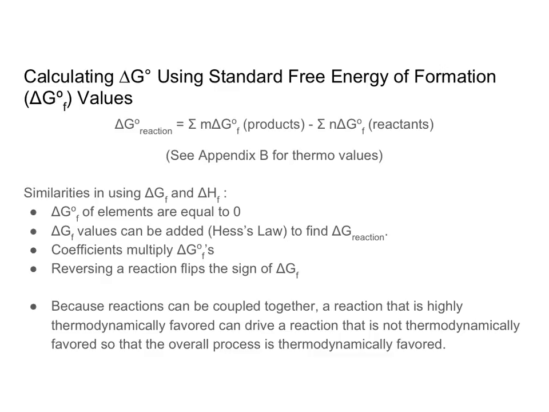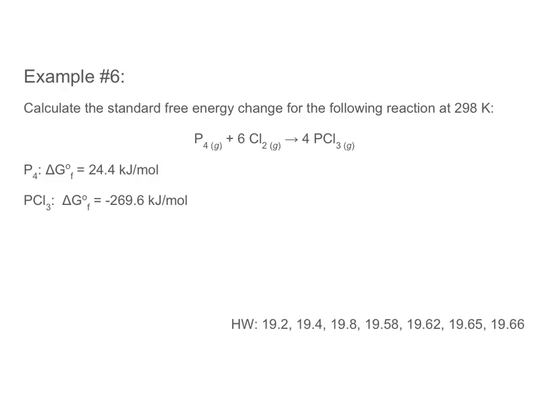Coefficients can multiply the free energy formations, and reversing a reaction flips the sign. And because we can couple them together, a reaction that is highly thermodynamically favored can drive a reaction that is not thermodynamically favored, so the overall process is, which is what we just talked about in the last slide.